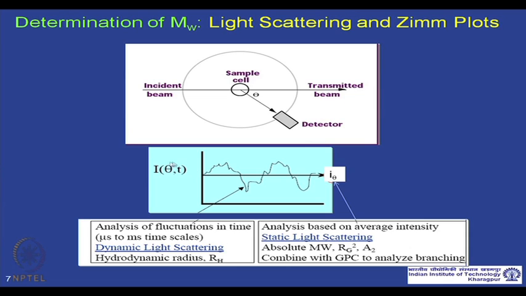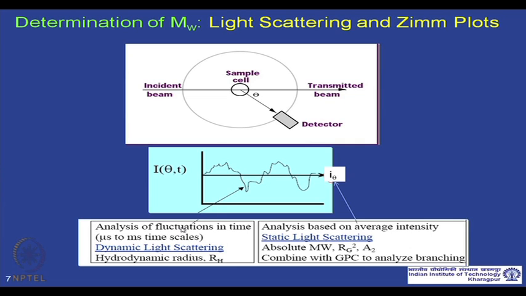Now, this intensity of the scattered light fluctuates with time, on a very short time scale, like microseconds to milliseconds. So you have a fluctuation in the scattering intensity detected by the detector.